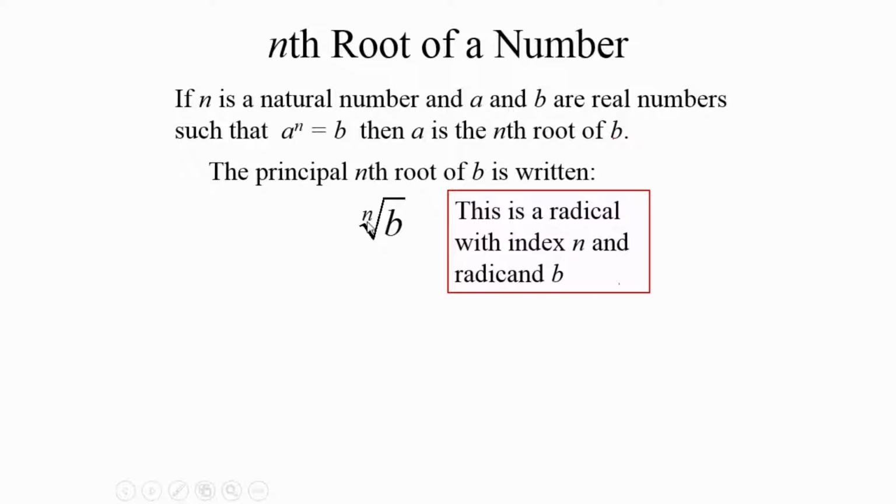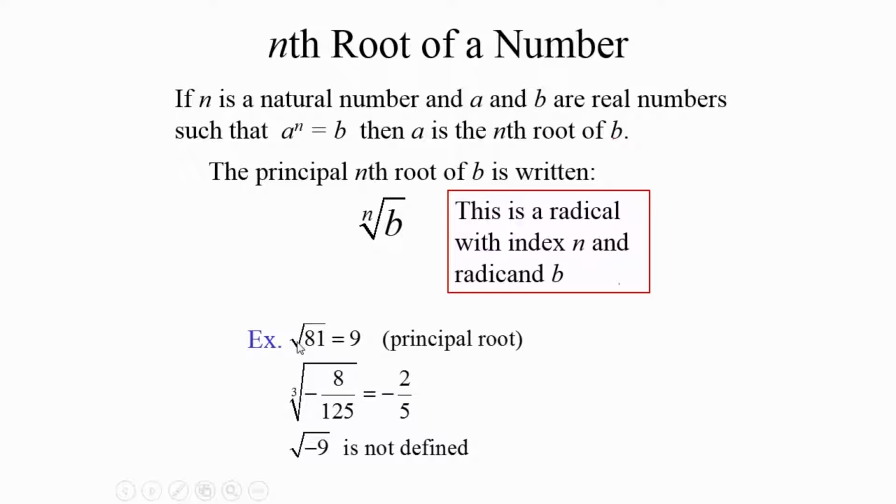The index is called n. Under the radical sign, b is called the radicand. Just some definitions. The only time you don't write the index is when it's 2.